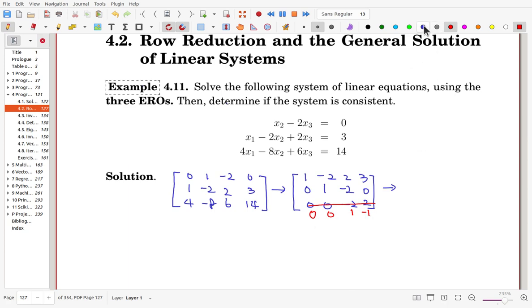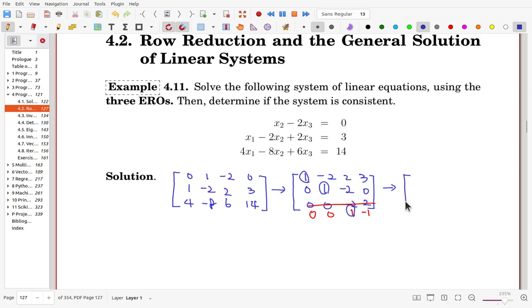Now here, this is the leading one, another leading one, another leading one. So we have to eliminate these two values and also these values. Let's eliminate these two values first.